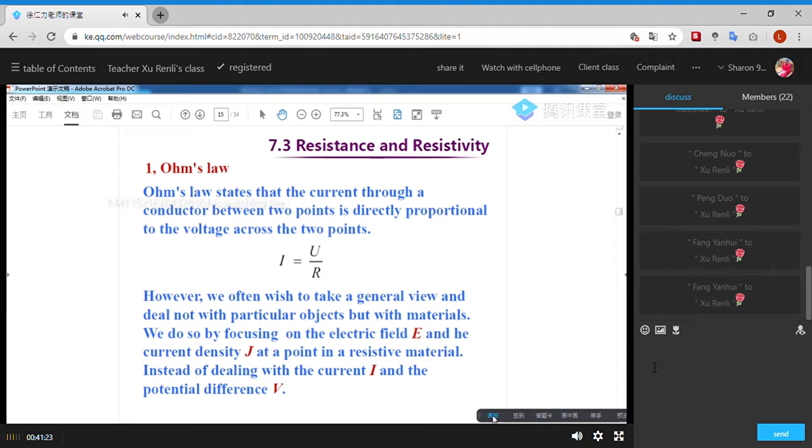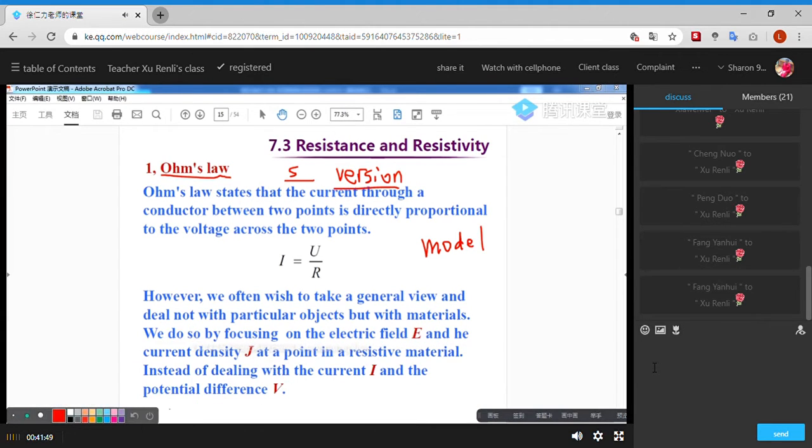A model means a simplified version. So Ohm's law is a simplified version of the Kirchhoff's law.